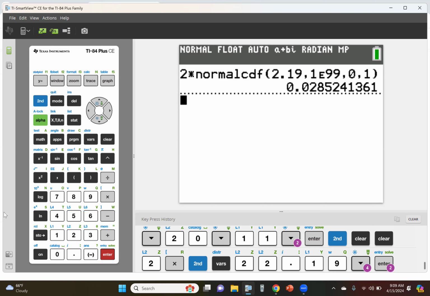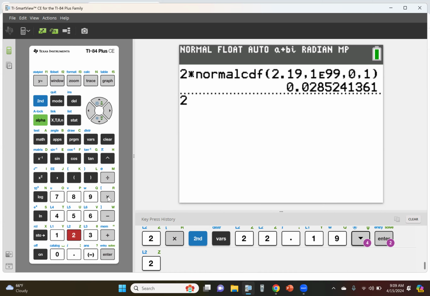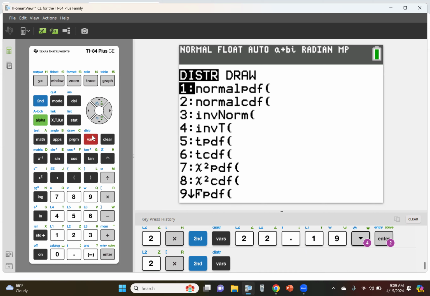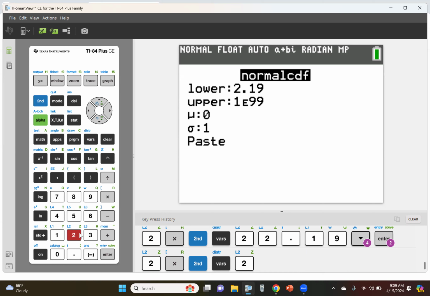So it's going to be a normal CDF again. So 2 times normal CDF number 2. But now you're going from negative 2.34 to the left.